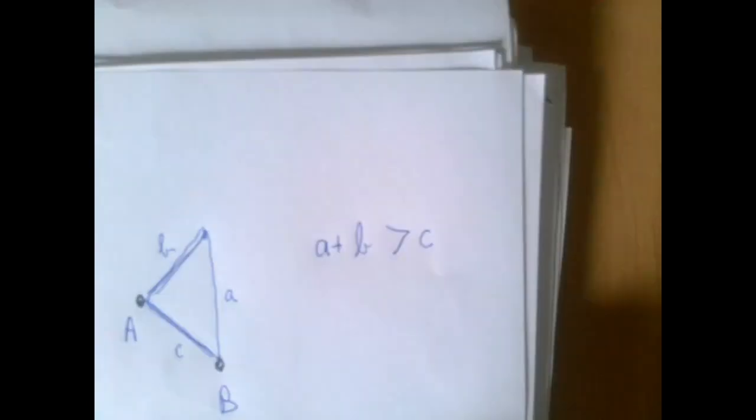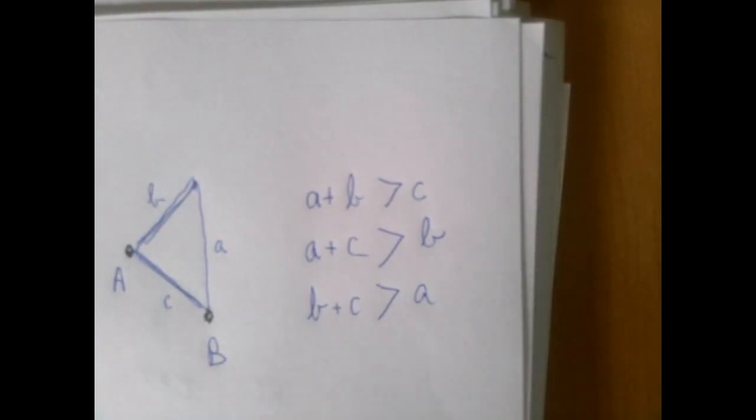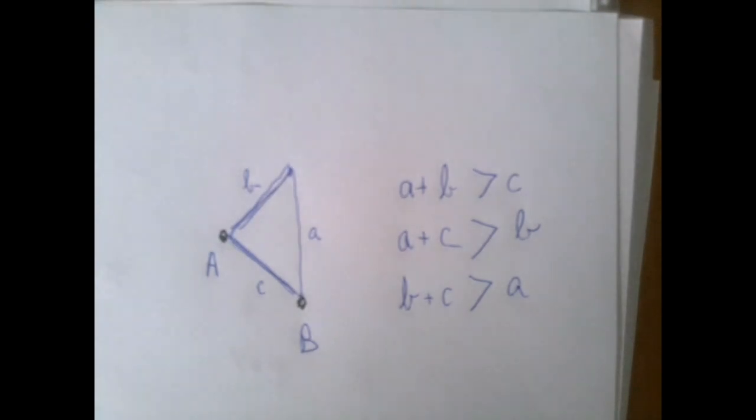A plus B must be strictly greater than C. A plus C must be greater than B. And B plus C must be greater than A. Basically, we just said that any two sides, when we add, should be greater than the length of the third side. So the triangle exists if the numbers pass the triangle inequality.